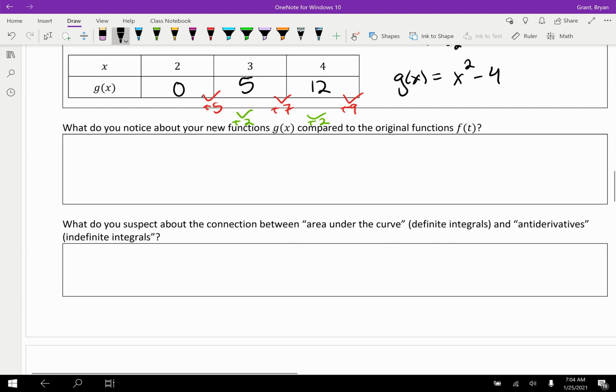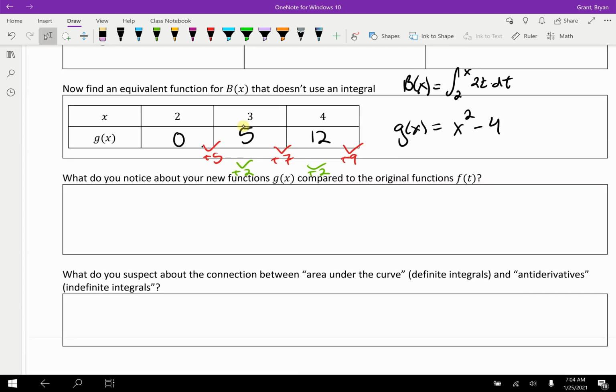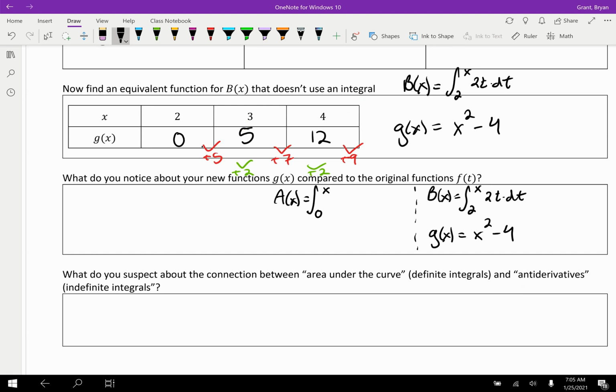Alrighty. Let's compare those 3 functions really quickly, and I'll start with our most recent, and then we'll work backwards. So b of x was the integral from 2 to x of 2t dt, and that gave us a function g of x equal to x squared minus 4. Okay, we saw earlier that we had the function a of x, which was a very similar function, except it's 0 to x of 2t dt, and that resulted in a g of x, or a function without an integral, that was just x squared.